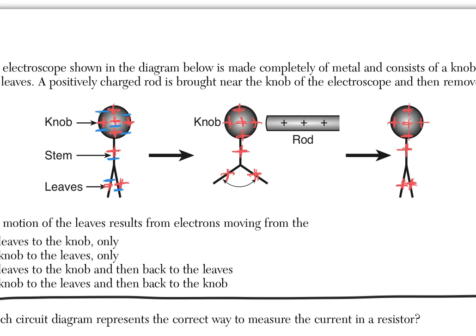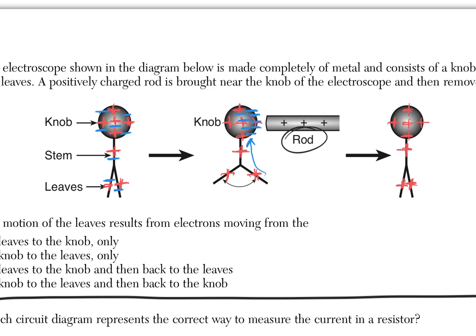So neutral. But then if the positive rod comes by, that positive rod is going to attract the electrons towards it. 1, 2, 3, 4, 5, 6, 7, 8. So those electrons are going to move up from the leaves into the knob. Then the leaves are going to be net positive, and they'll repel each other.